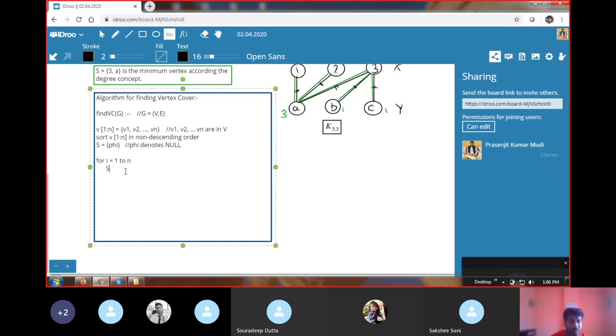So here you do one thing: S equals S union v.